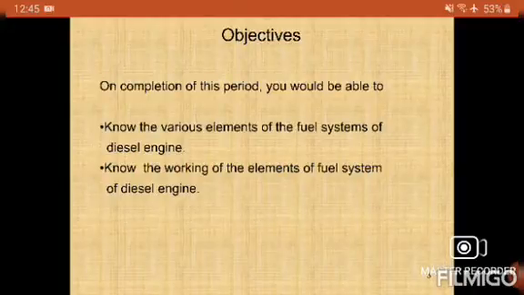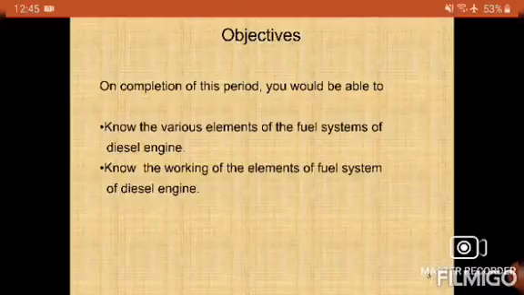So we need to know the elements, the main parts of a fuel injection system, and how we send the fuel into the cylinder. Generally we can't place the fuel directly into the engine cylinder, so a fuel injection system is provided.